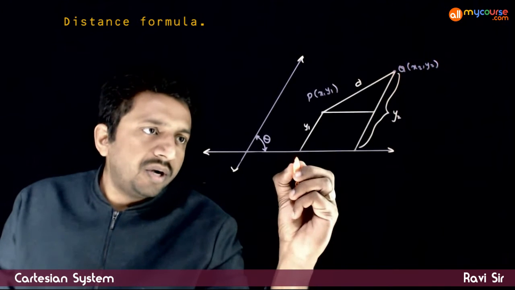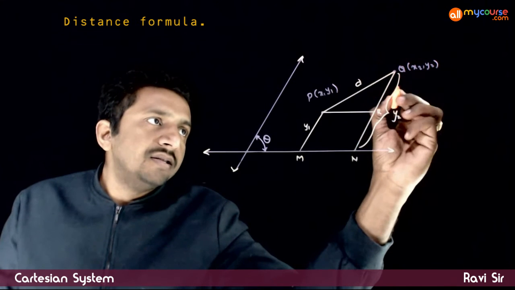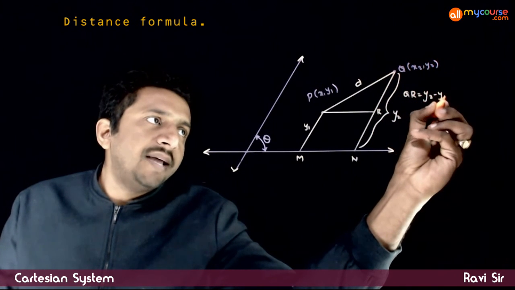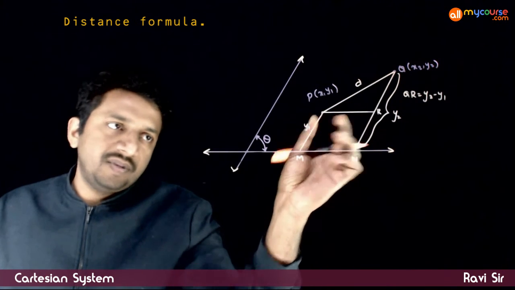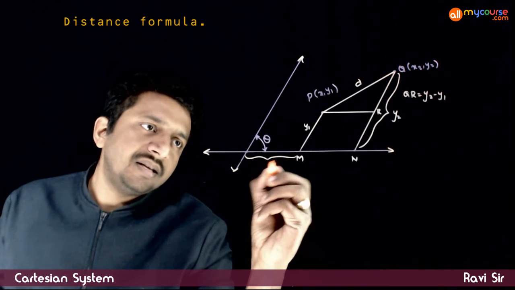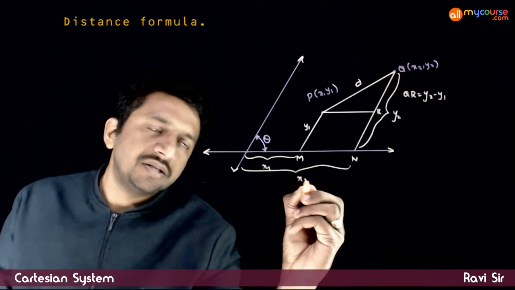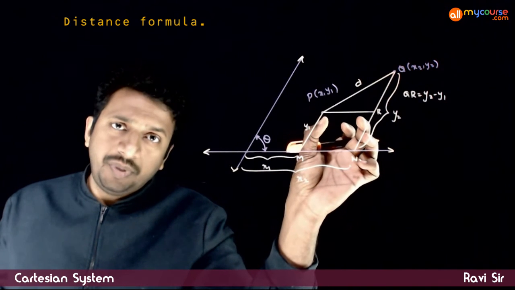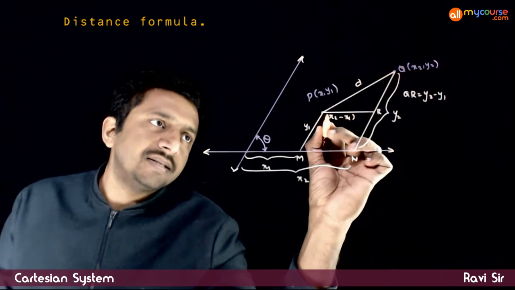So if you put these points as M, N and R, QR will be equal to y2 minus y1. Similarly, if you want PR, as you know, this length is nothing but x1, this complete length is nothing but x2. So MN is equal to x2 minus x1, so PR is also equal to x2 minus x1.